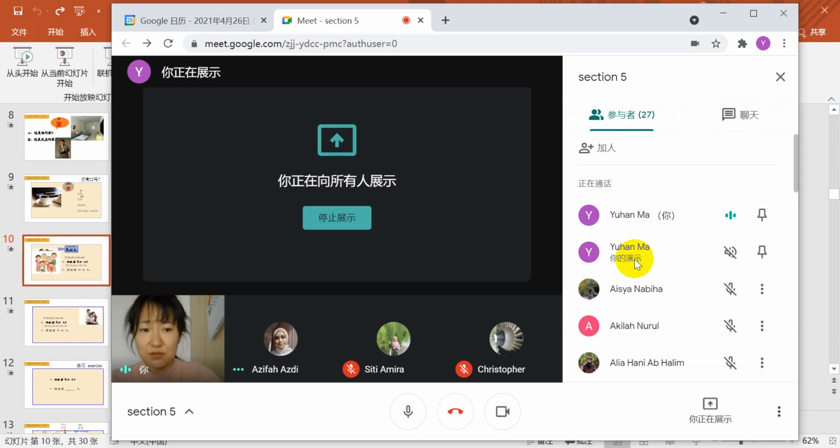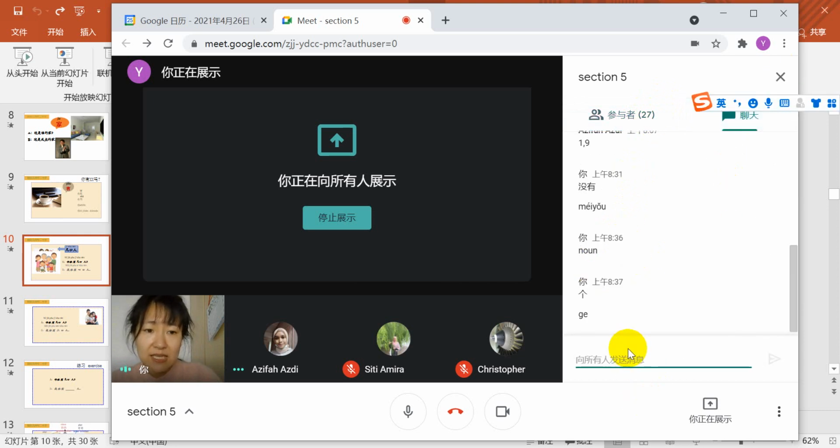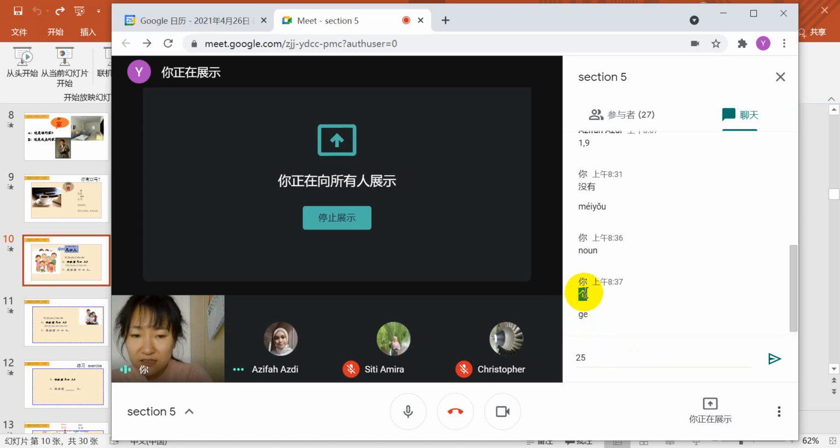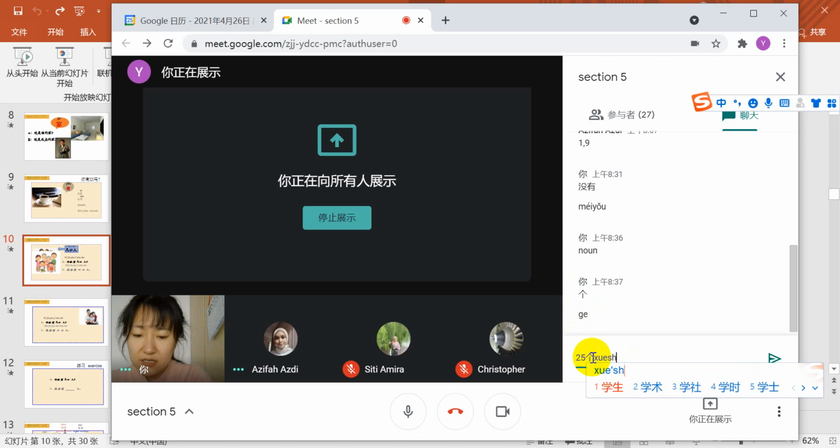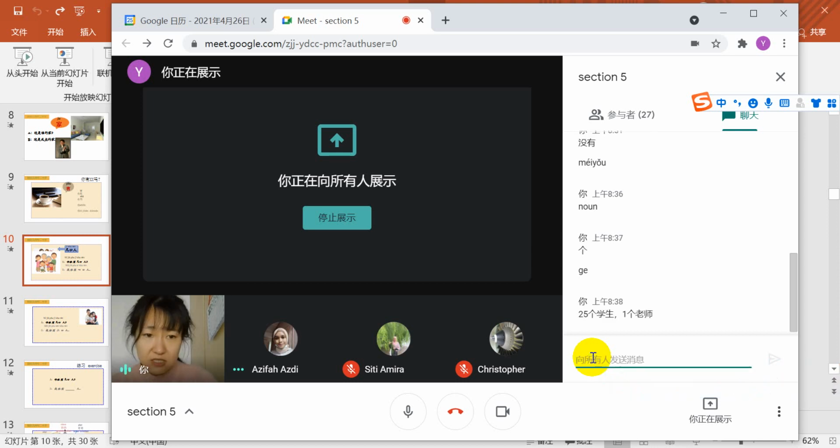We say 25 and then the measure word 个: 25个学生, 学生 means student. 一个老师.